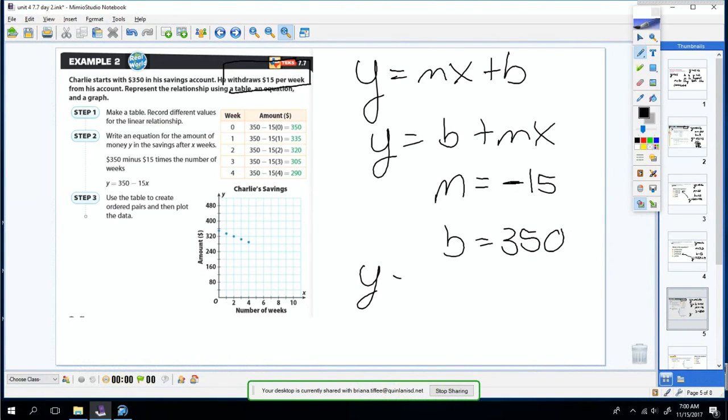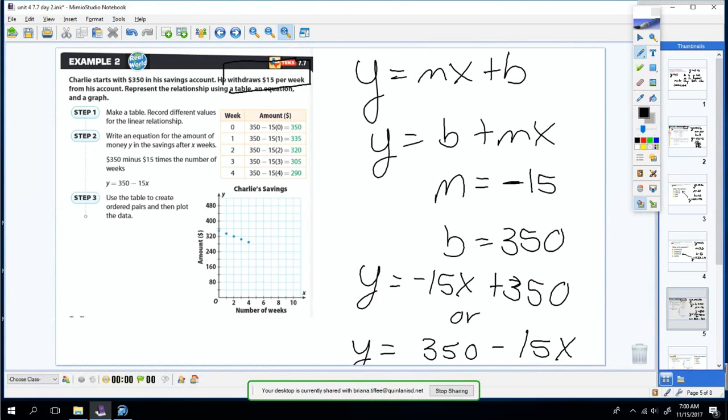We can say y is equal to negative 15x plus 350, or y is equal to 350 minus 15x. Both of these are the same. Let's go on to another example.